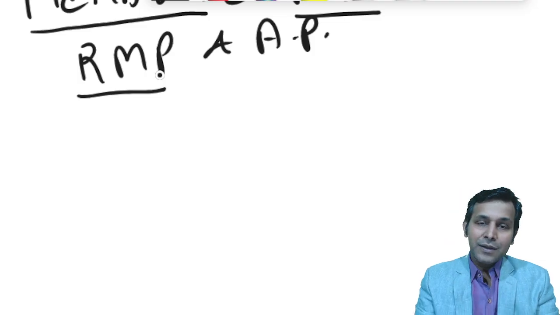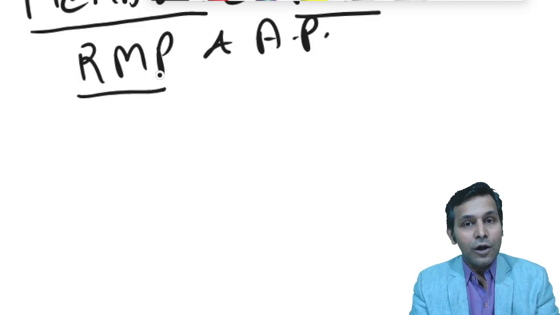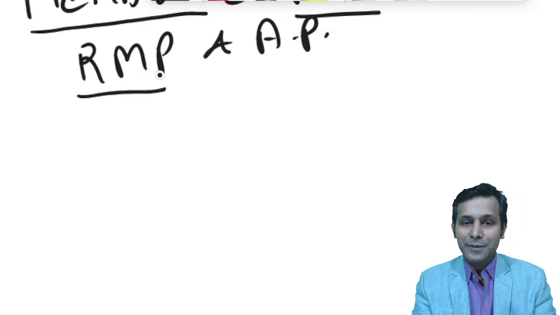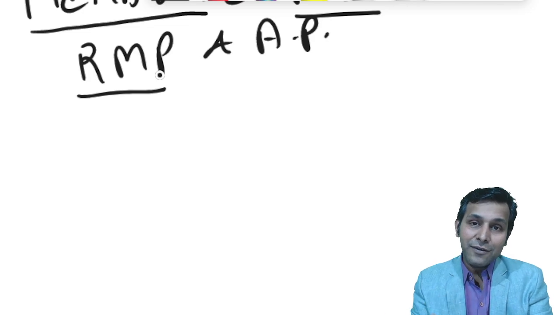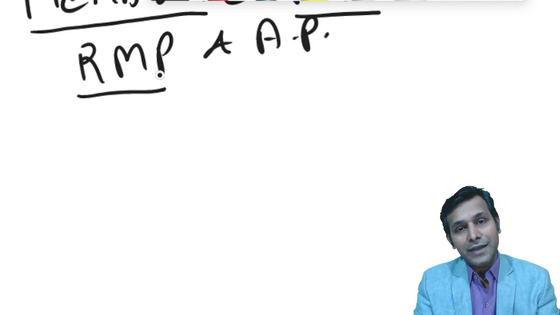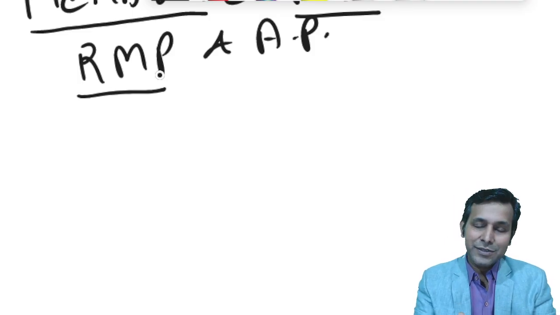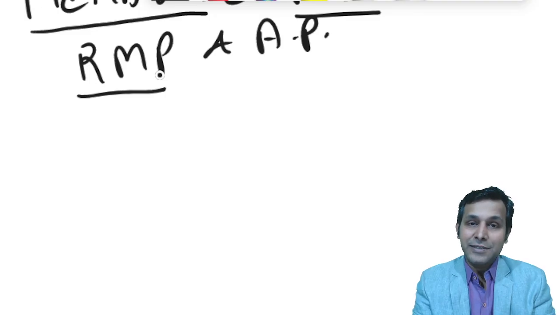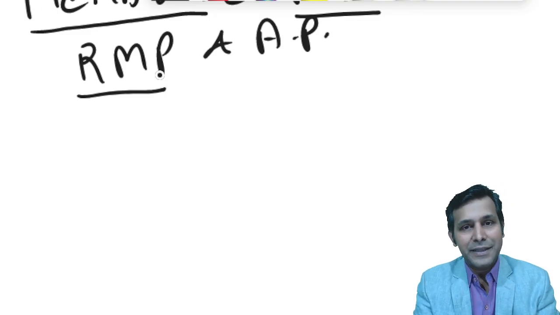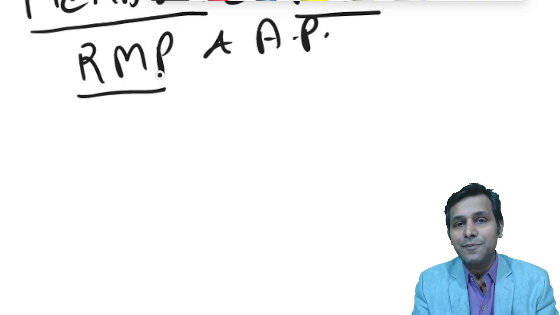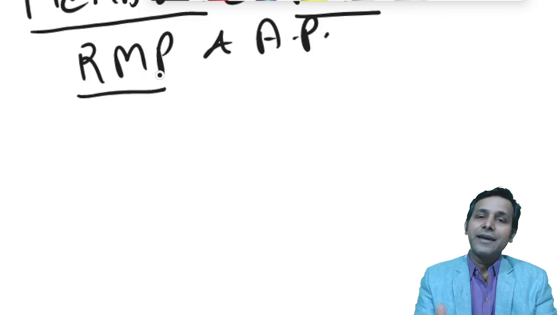So for them, the resting membrane potential can also be known as just membrane potential. Remember, the term membrane potential can be used for cells which are non-excitable, RBCs, certain epithelial cells, hepatic cells. The cells which cannot excite, which cannot change their potential, are called non-excitable cells.